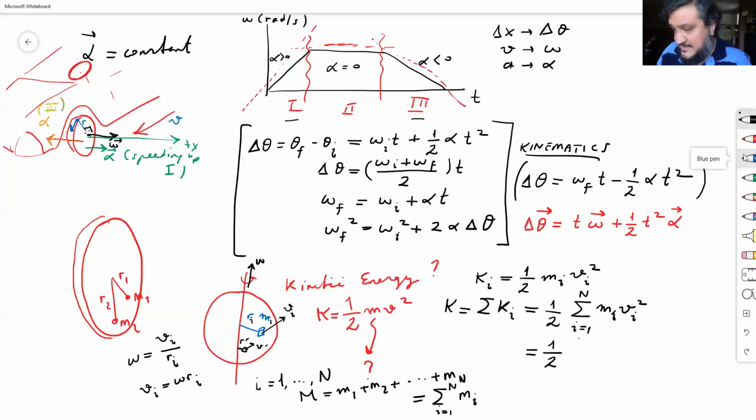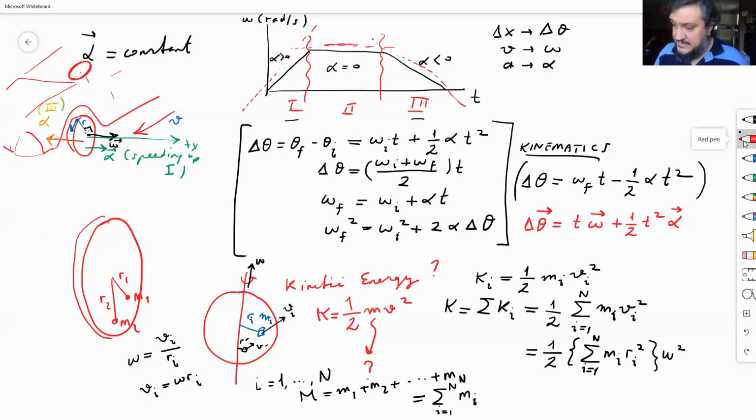So 1/2 times this summation here, which will have only mi, and inside v there is r, so ri squared. And then when I'm done adding those, I will multiply this with omega squared, which comes from v squared. But omega is the same for all points on the object, so I'm not doing any summation over omega.